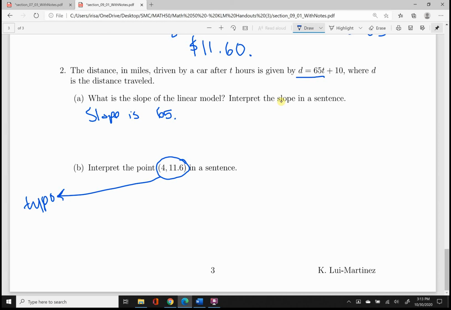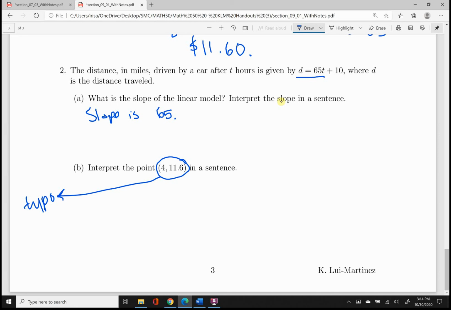Let's say that there's an extra 10 tacked on there. Why would there be an extra 10? Distance in miles. Oh, because you started off 10 miles away from a certain area. Not really sure, actually. But if I was going to just interpret the slope, it would be for every unit of time, I've gone 65 miles, and the unit of time is hours.